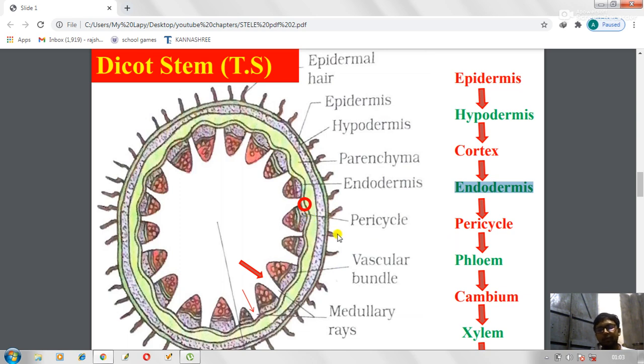Just below the pericycle is the phloem, produced by the cambium. In this case the vascular bundles are radially arranged, and between two vascular bundles there are parenchymatous tissues called medullary rays. These medullary rays are produced by the fascicular vascular cambium. This one is very important.